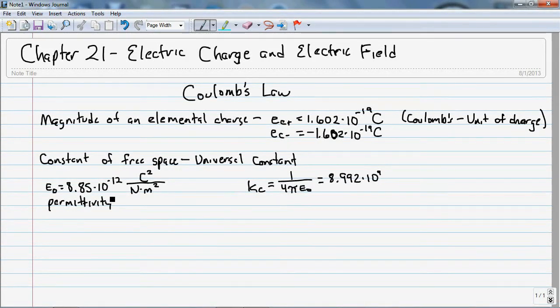Since it's just the reciprocal and 4 pi doesn't have dimensions, the units are just the reciprocal of this, so it's going to be newton meters squared over coulomb squared. And we can approximate that to 9.00 times 10 to the 9th newton meter squared per coulomb squared.